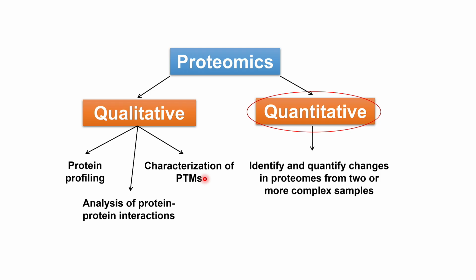So the qualitative will give you the protein profiling. A, B, C, D is present in the Alzheimer's, and A, B and C is present in the normal, so D is absent. Just profiling. And when I say that A is 2 times more in Alzheimer's compared to the normal, it becomes quantitative.